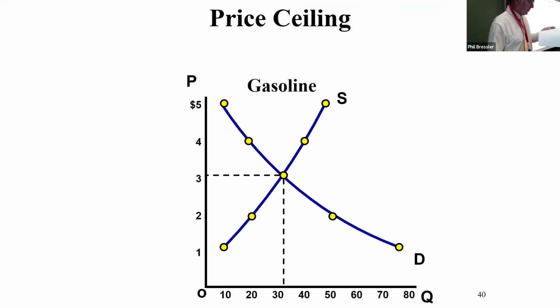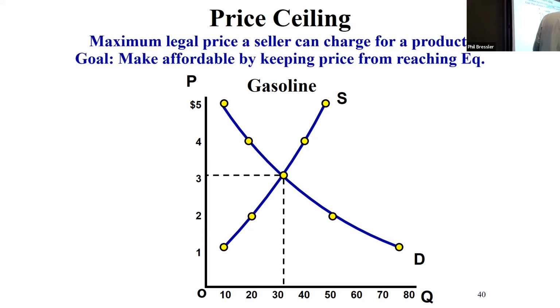All right. The price ceiling is the next thing. Binding, where does the ceiling have to be? Below. So it's got to be below. I don't think you have to memorize this, but below is going to be a shortage. Why?